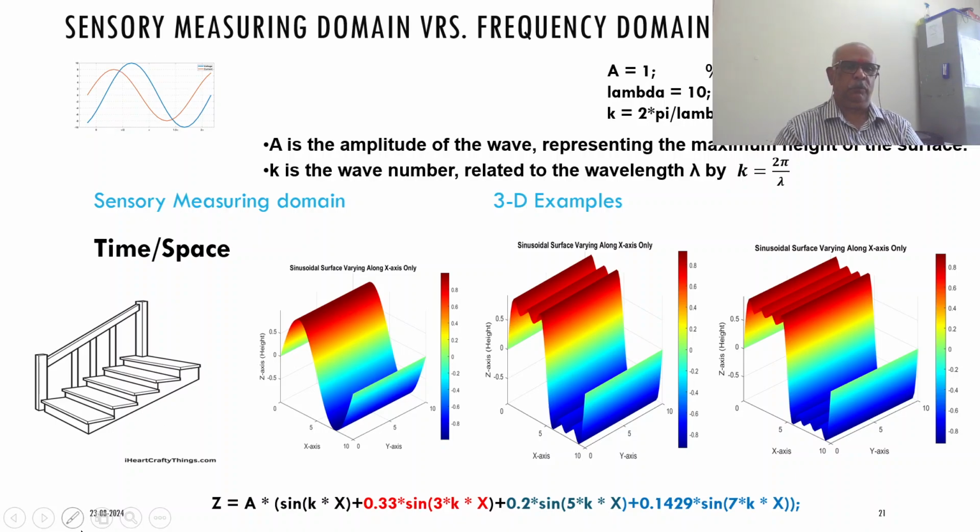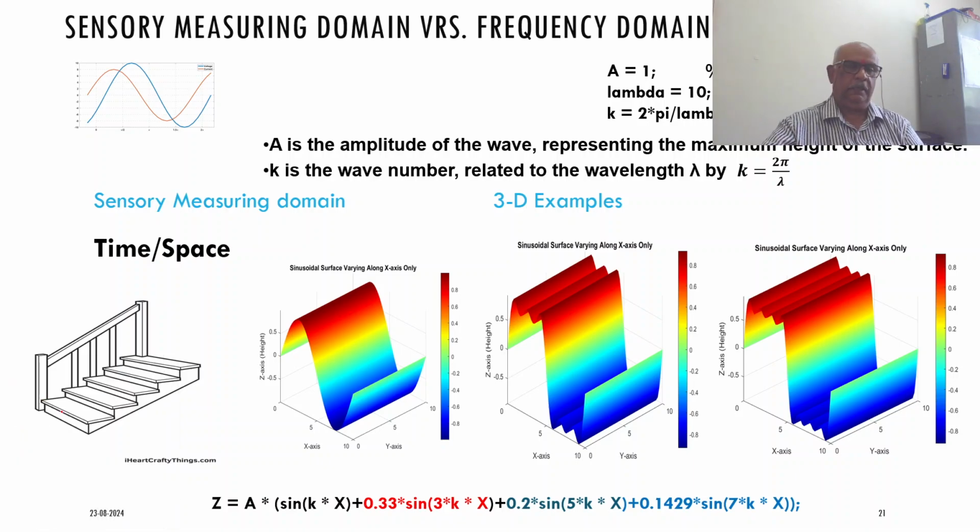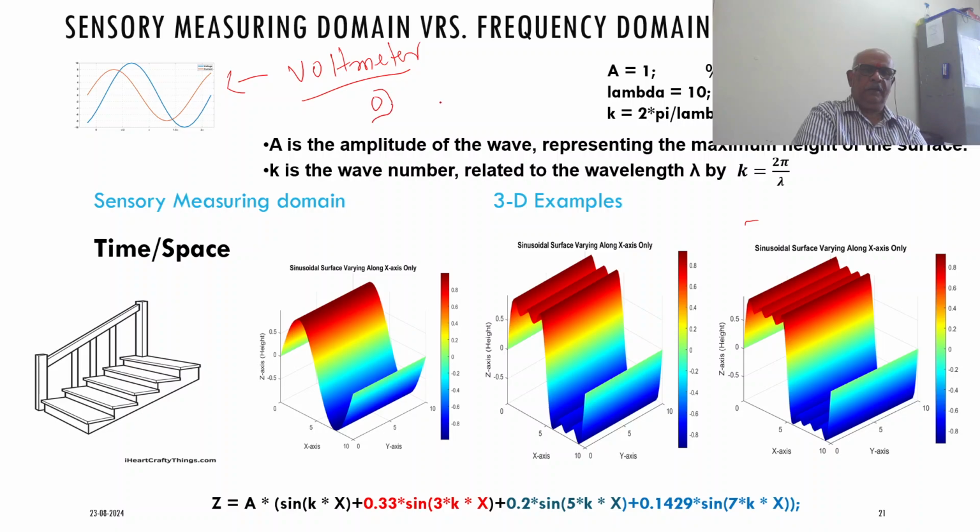The sensor in this case was a voltmeter. I am seeing it through my eyes and recording it in the table, time versus this, noting down the values and then plotting it, and that's what I get.